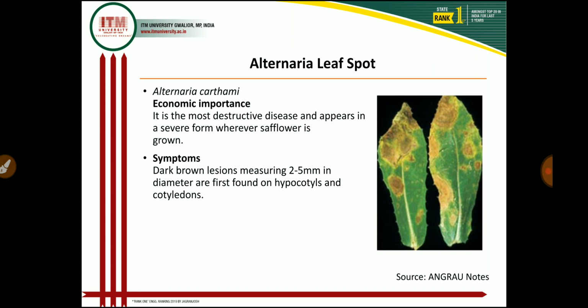The disease is severe on the leaves and occasionally attacks the stem and the flowers, and minute brown to dark brown spots with a concentric ring of 1 to 2 mm appear on the leaves.